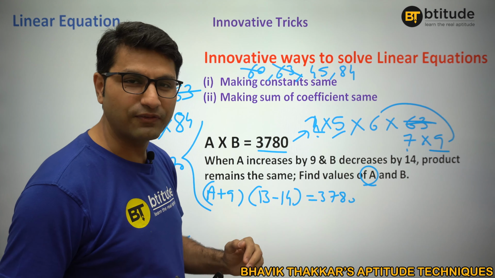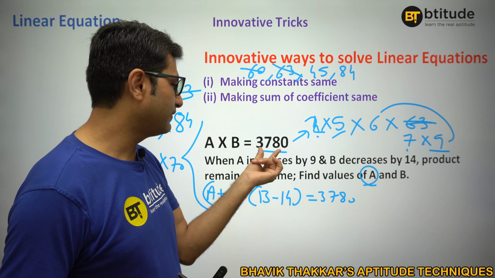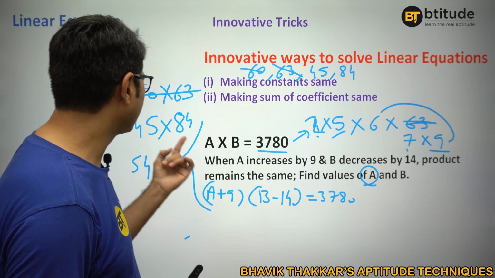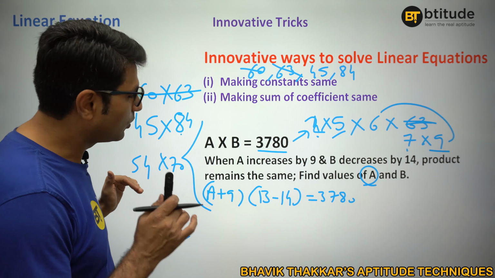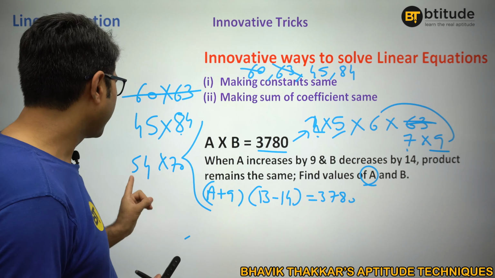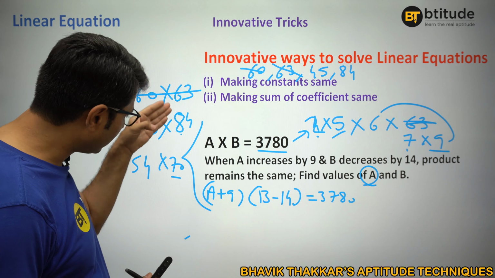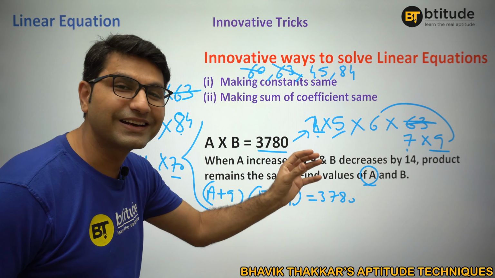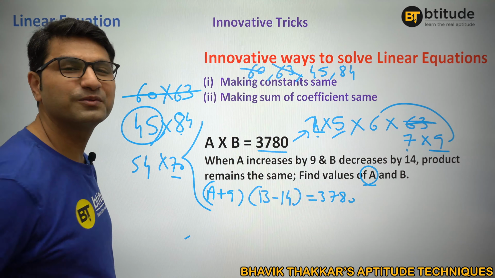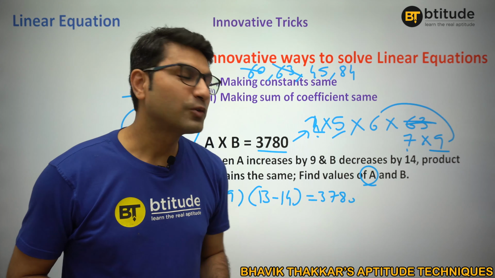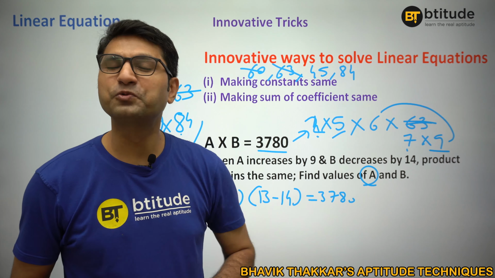If I am using 45, then the other value has to be, divide this by 45, you will find the other value as 84. And then think, if it is increasing by 9, 54, of course 54 is a factor as well, and the other value becomes 70. That means the other value is getting decreased by 14. The given condition is satisfied. There you go. A's value has to be 45. Fair enough, right? So in this kind of question, just do this.